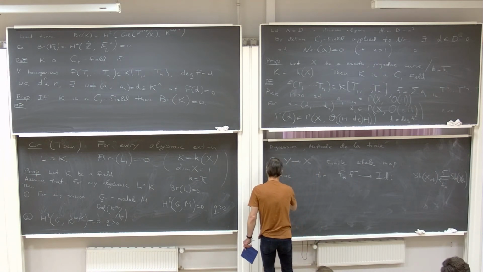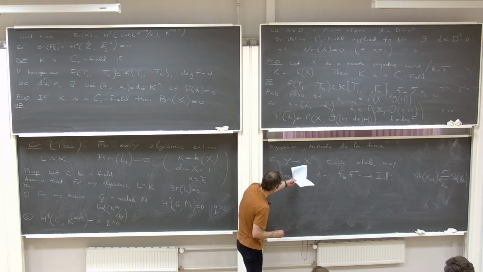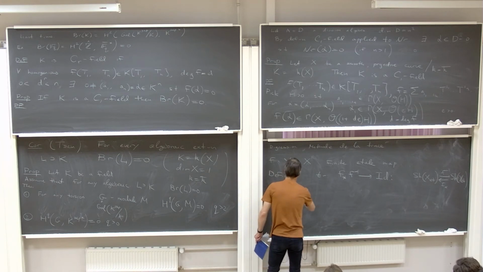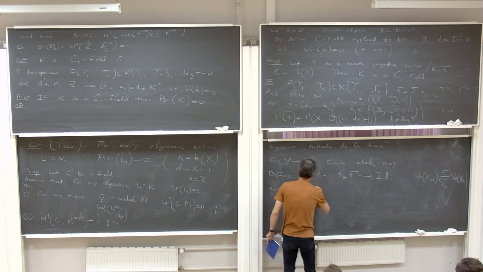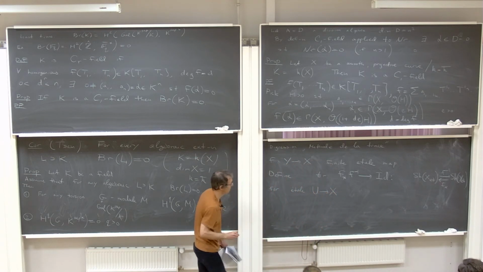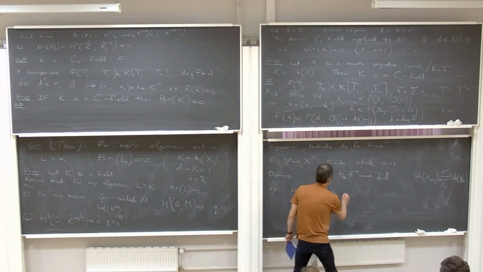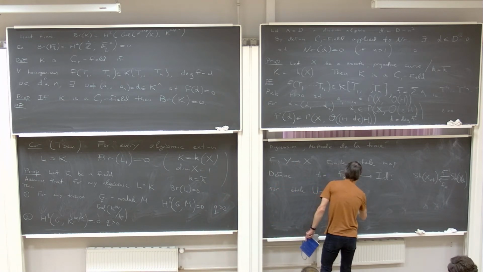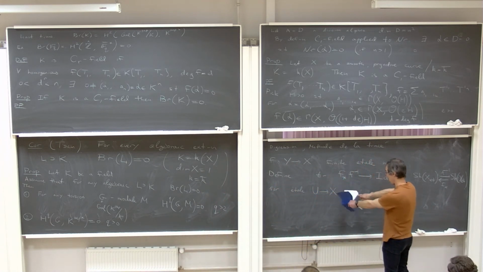So first, for a small étale open set U on X, such that, what does it mean by small?